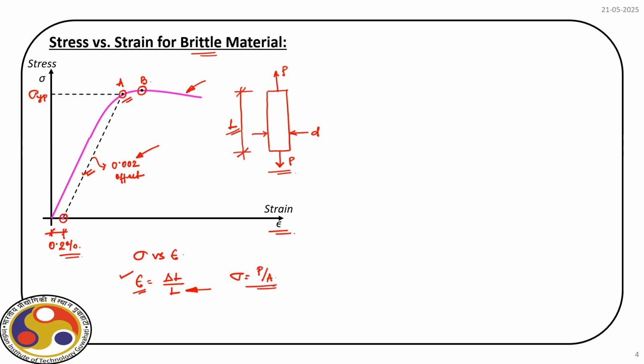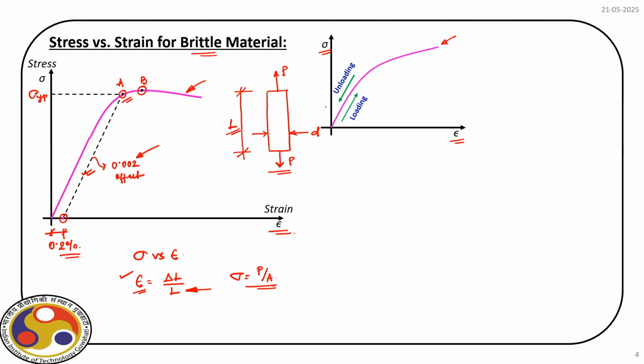Now, not all materials show linear behavior, as you can see in this case. So, we have a material whose stress-strain behavior is shown here by this pink line. Now, for this case, we have a loading path and an unloading path.